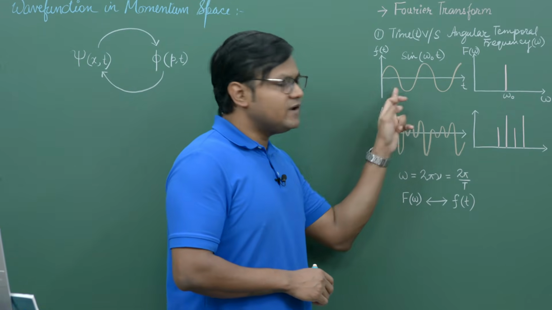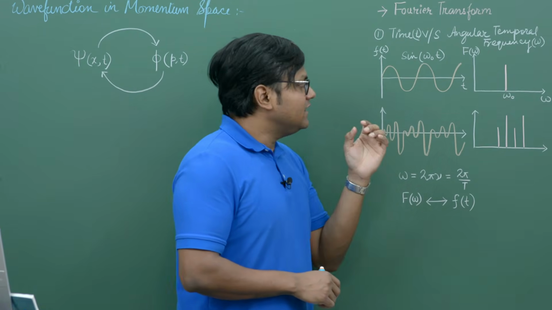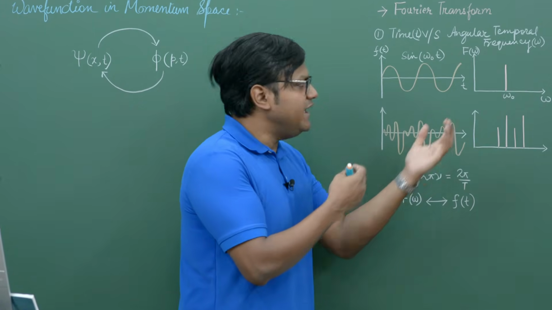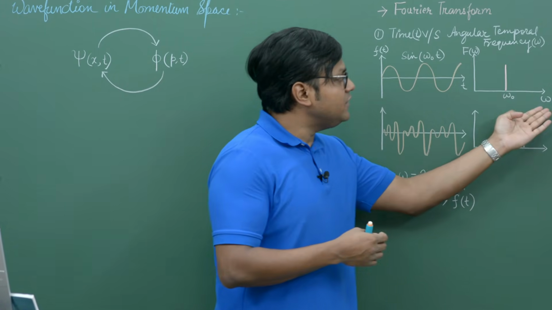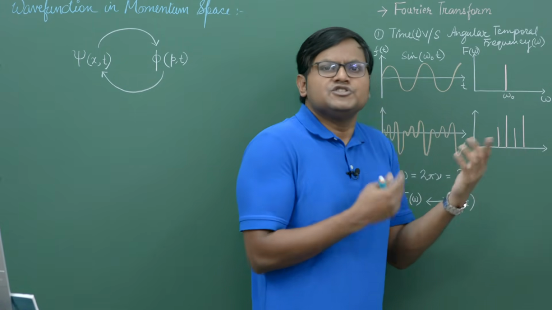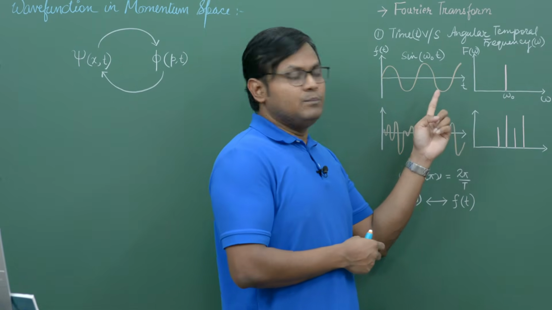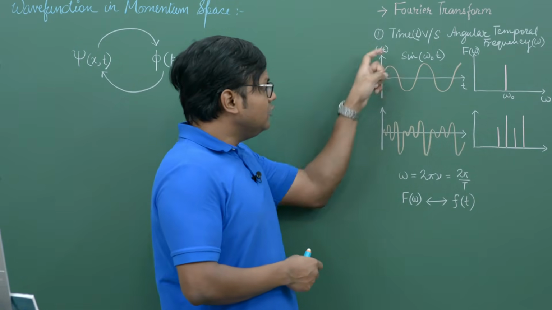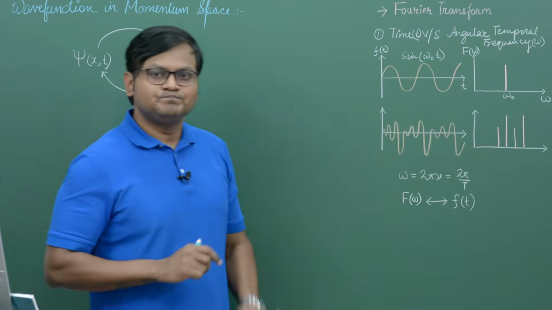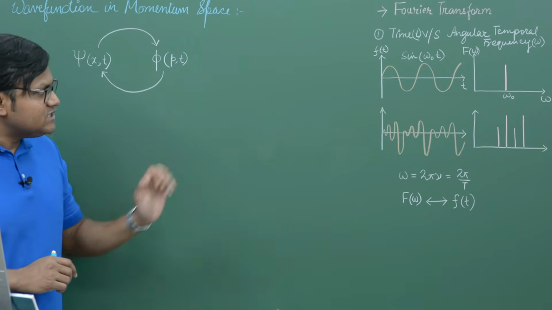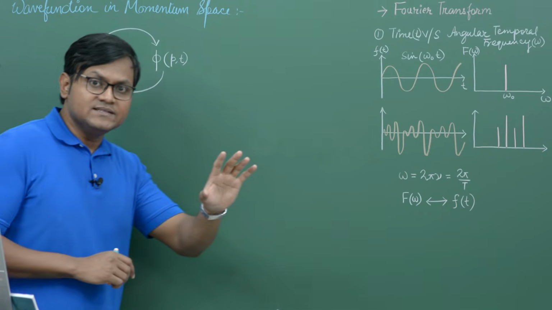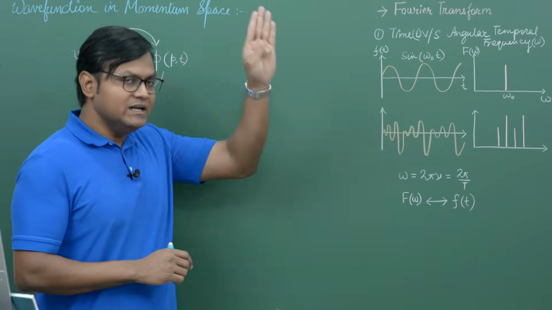They look different from each other, but if you understand what's happening, it makes sense that with respect to frequency you'll get just one line because there's just one frequency present here. But with respect to time variation, it will look like a sinusoidal variation. Now, in ideal cases, we should get a delta function.